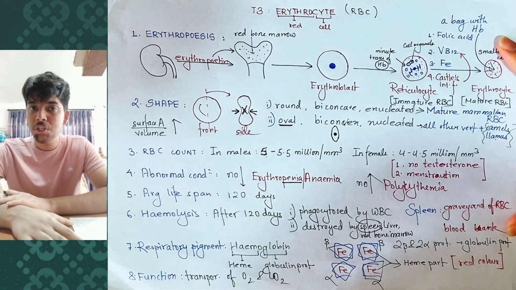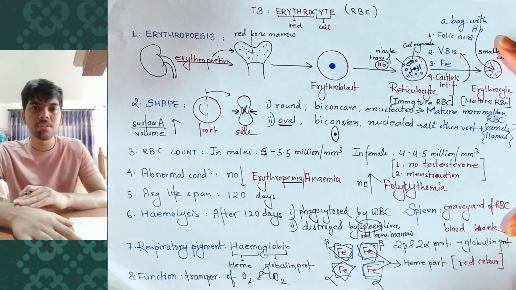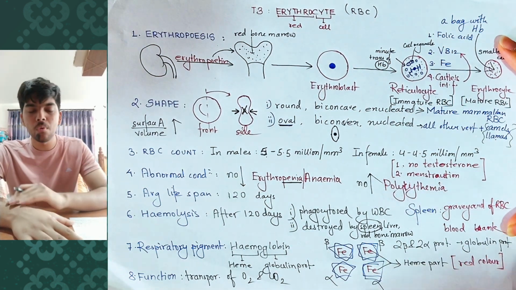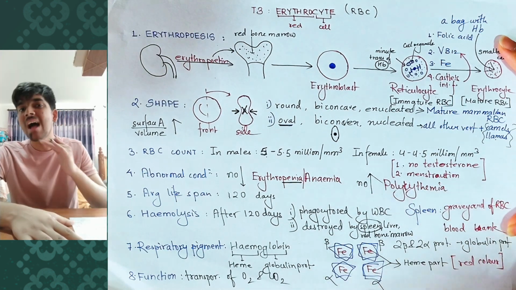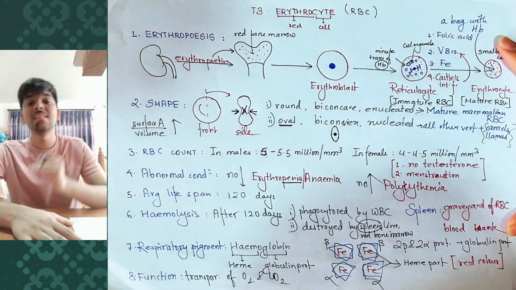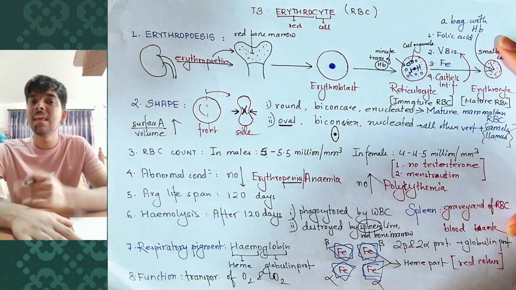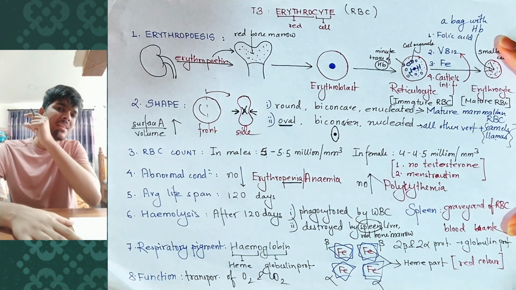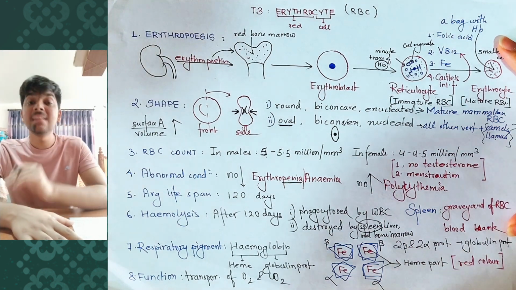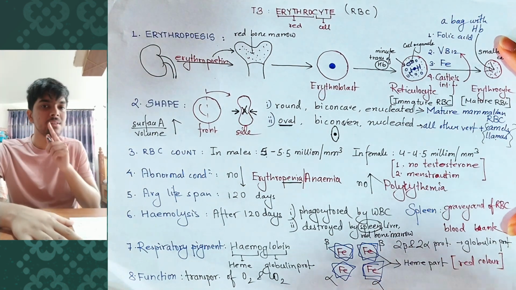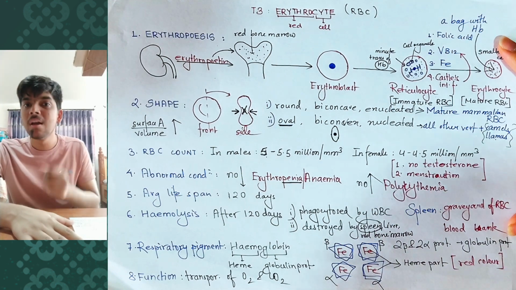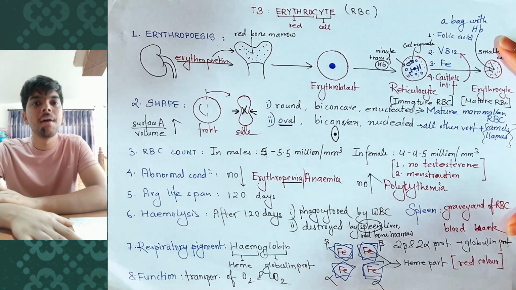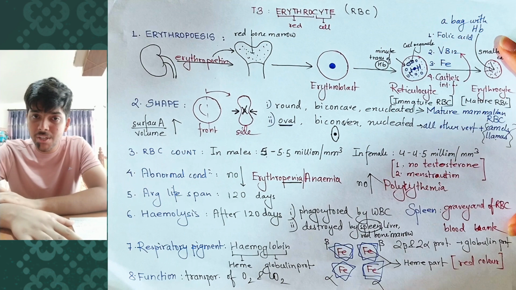And as an adaptational feature, people living there have a higher number of red blood cells due to higher erythropoiesis, due to which they have a higher amount of hemoglobin. Since they have a higher amount of hemoglobin, they can take in more and more oxygen from that small percentage of oxygen present in the atmosphere. And since hemoglobin is responsible for the redness of the blood, their cheeks look red. And this particular condition is polycythemia.